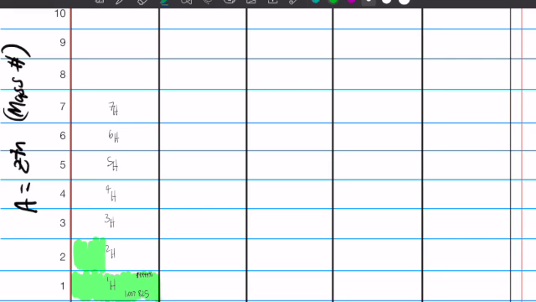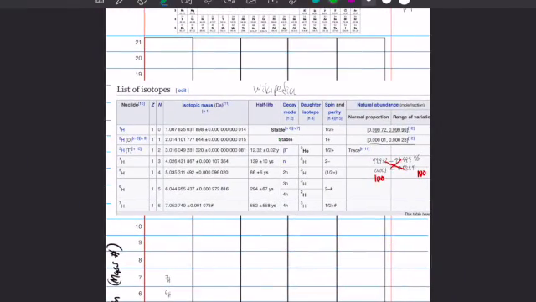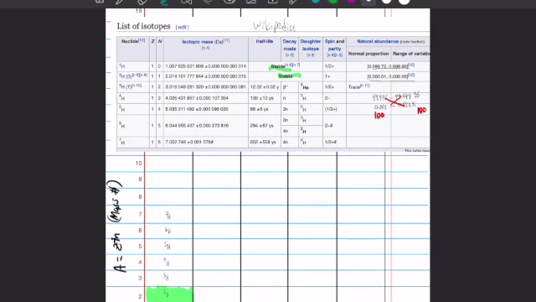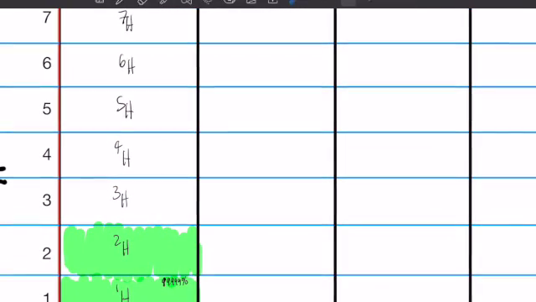Hydrogen 2 is also stable. We're going to move on to hydrogen 3 next. Hydrogen 3 is 3.016049.